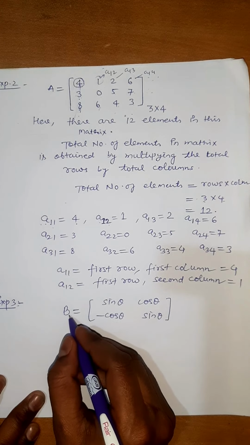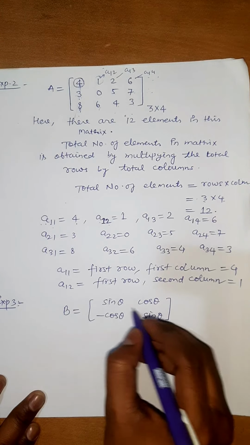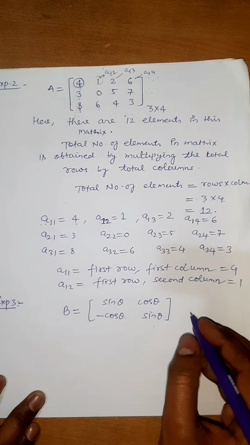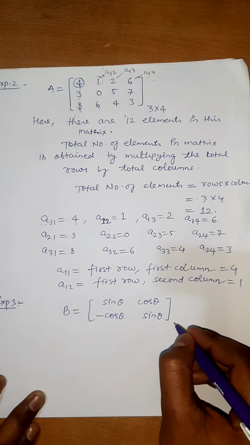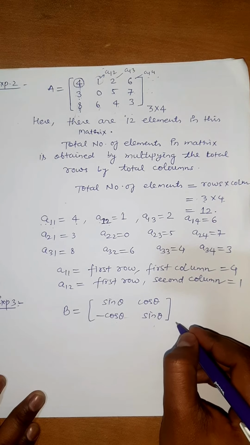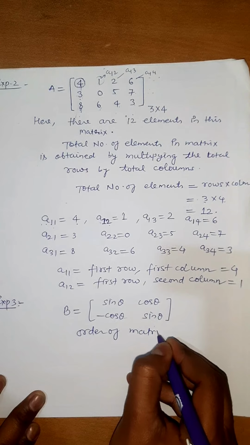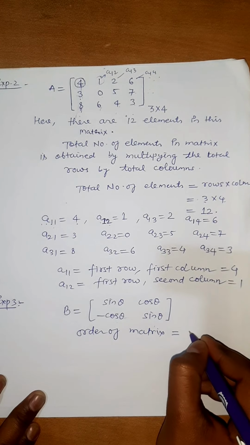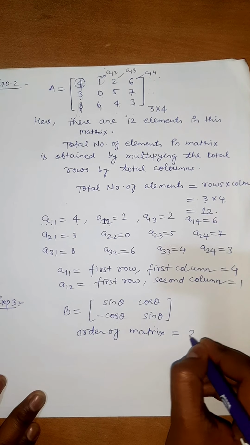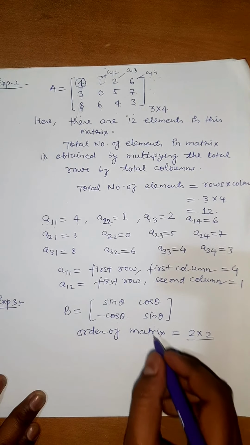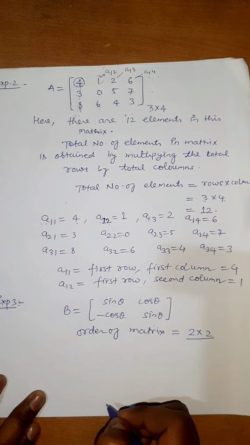So in this matrix there are 2 rows and 2 columns. So first of all we can define order. So order of matrix is equal to 2 cross 2 because there are 2 rows and 2 columns.